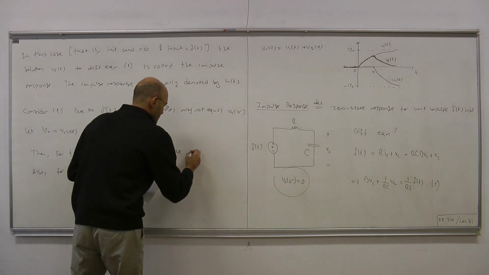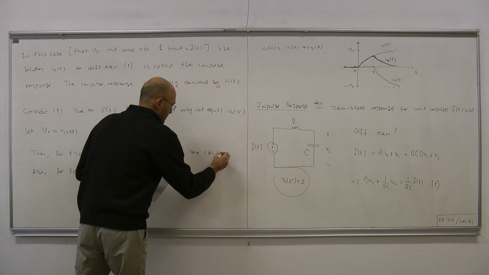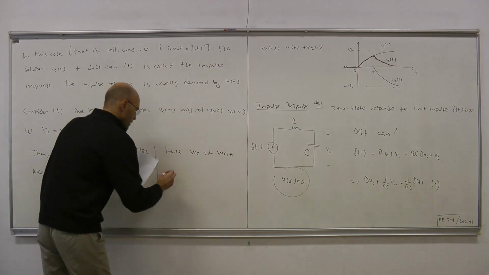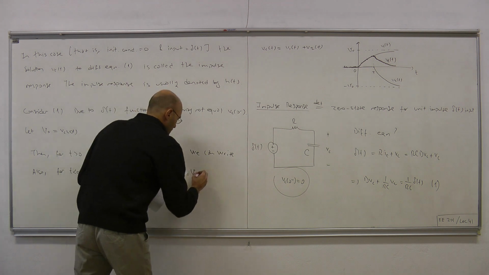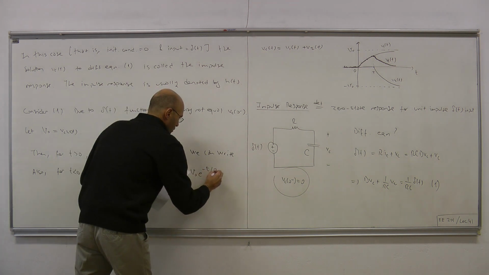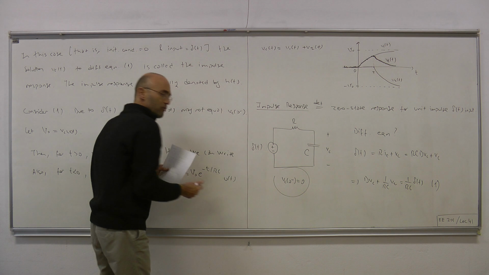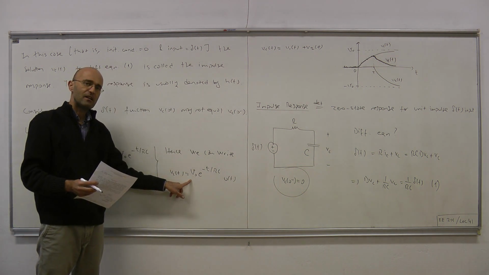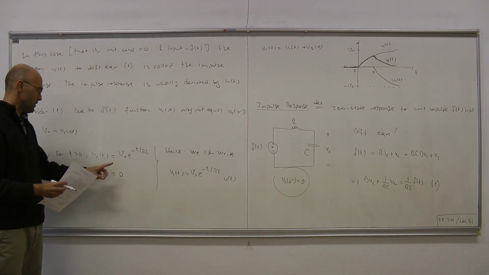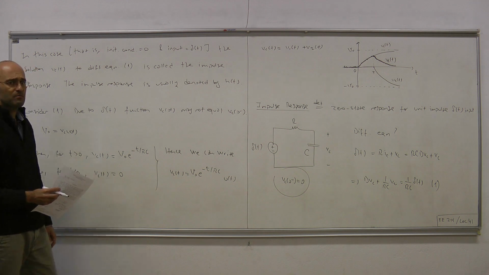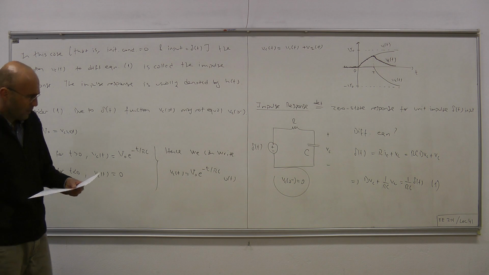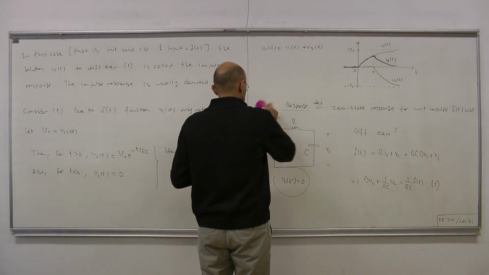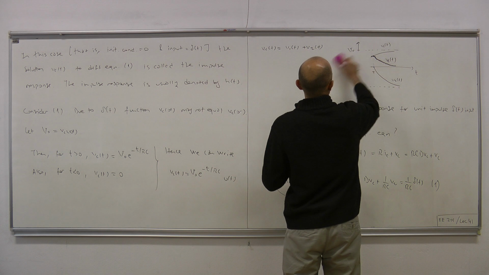Hence, we can write Vc(t) equals V0 e to the minus t over RC u(t). Now this single equation tells what both of these equations are telling us. Therefore, it simplifies our lives a little bit.